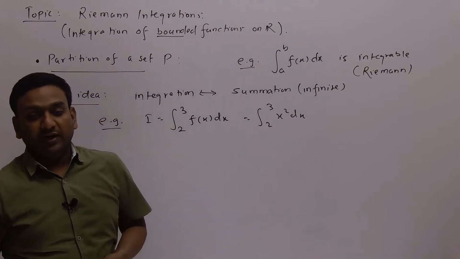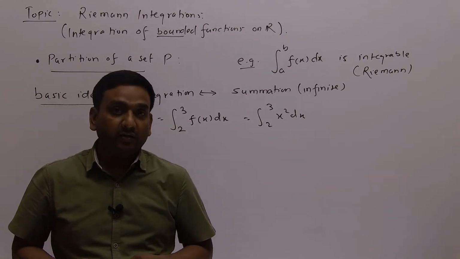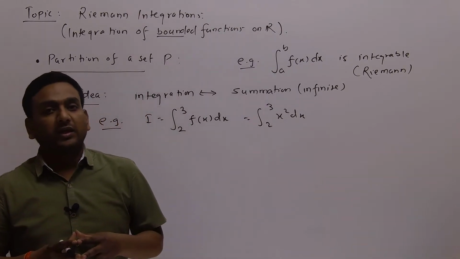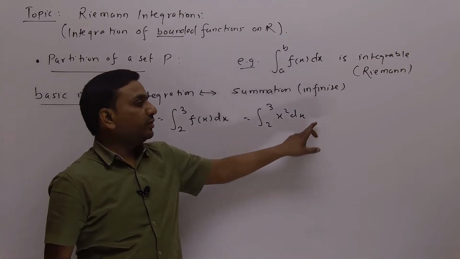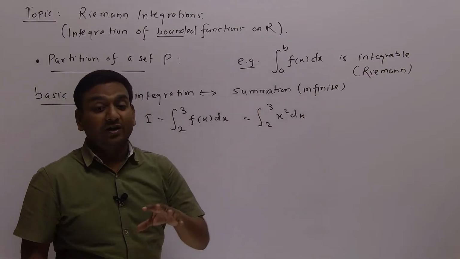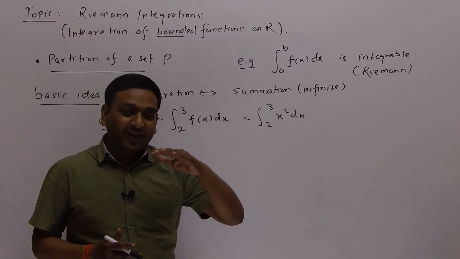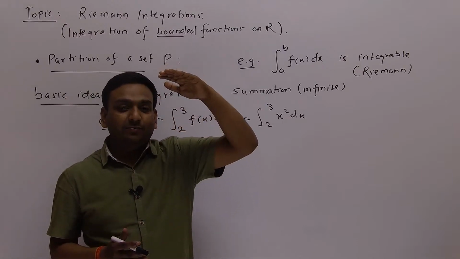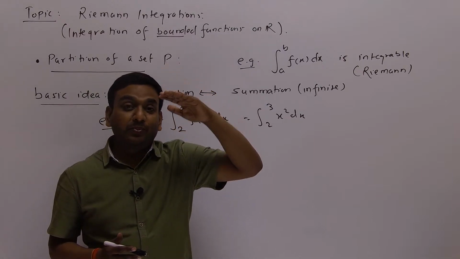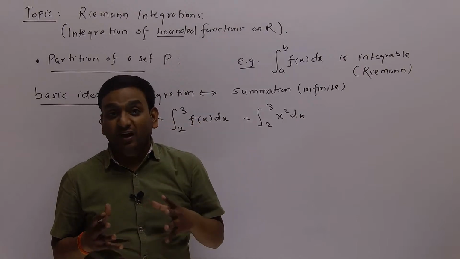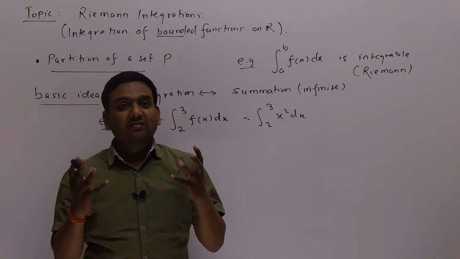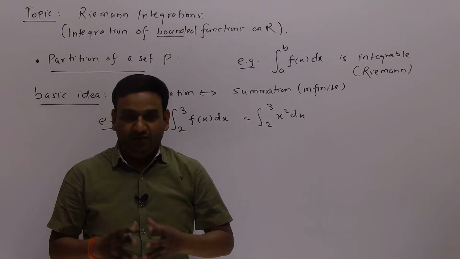At this point, the knowledge you carry is that it will become x cube by 3 and you will apply the lower and upper limits. But that is the highest part of integration. The basic idea from where it started is the Riemann integration.